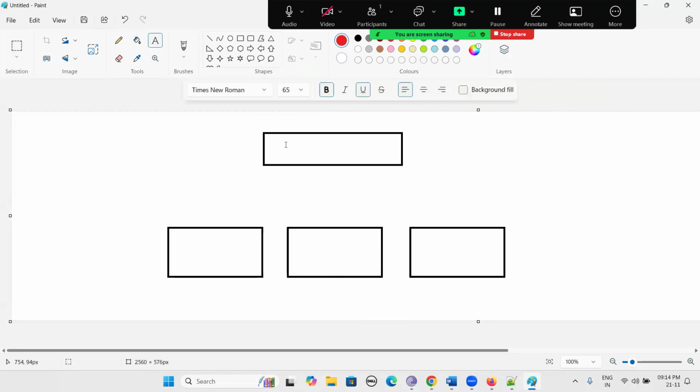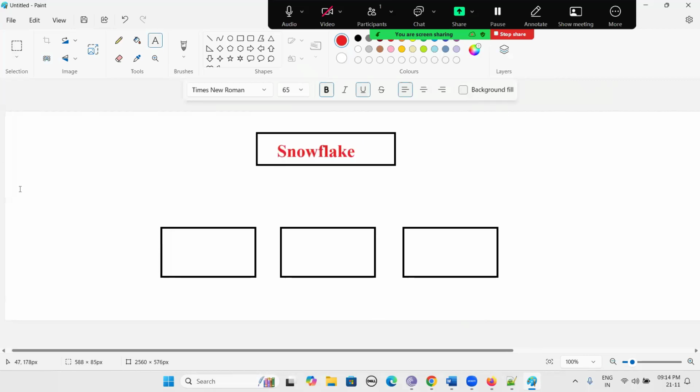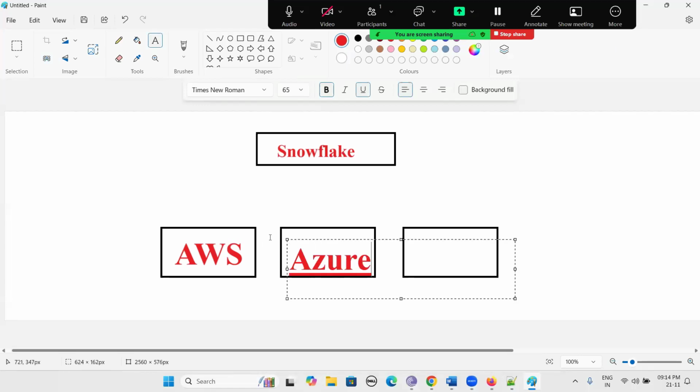Let's say this is my Snowflake. Then here, let's say this one is AWS, this one is Azure, and this one is GCP.